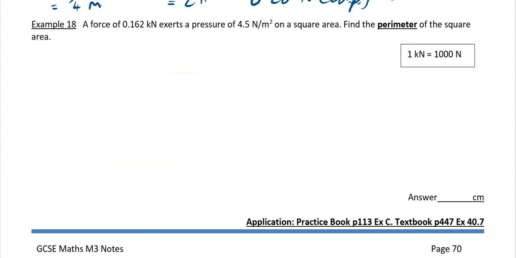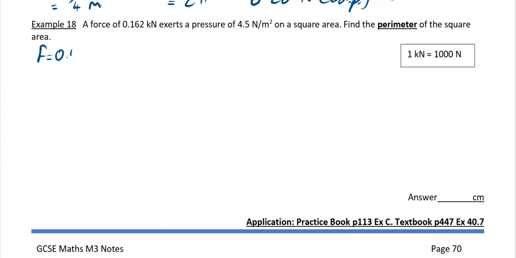Okay, the last of our pressure, force, area examples. It says a force of 0.162 kilonewtons exerts a pressure of 4.5 newtons per meter squared on a square area. Find the perimeter of the square area. It's a bit of a tricky question here. First of all, we've got to get our force.